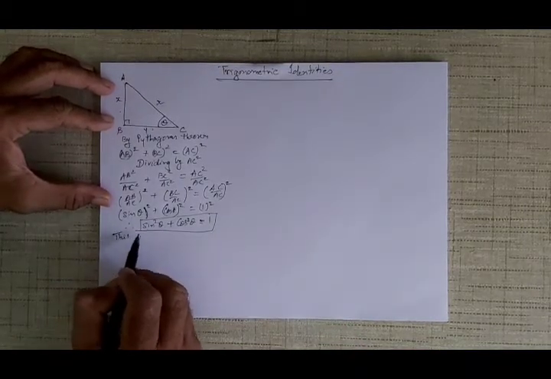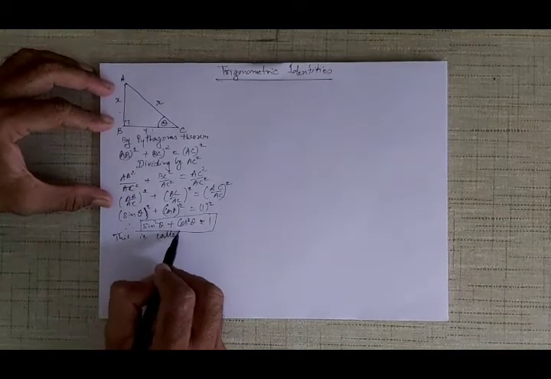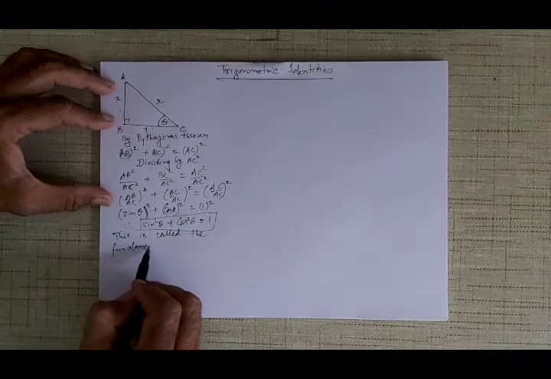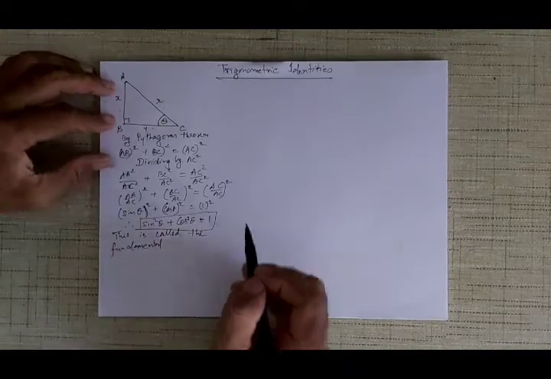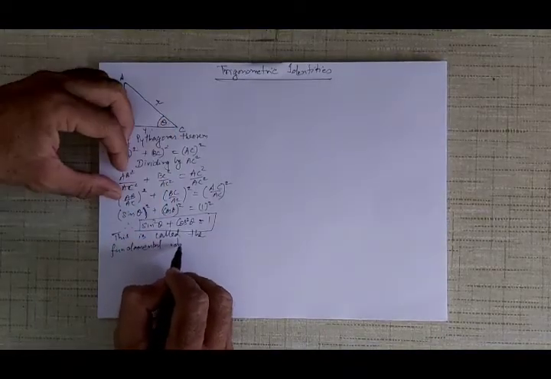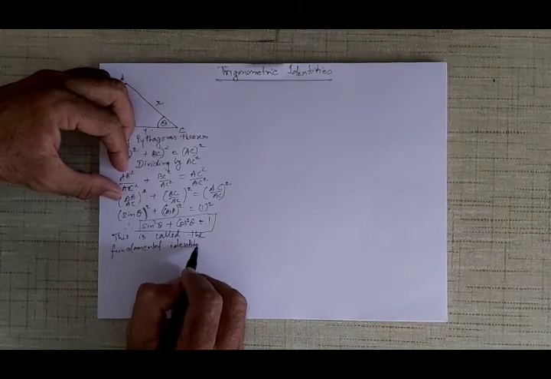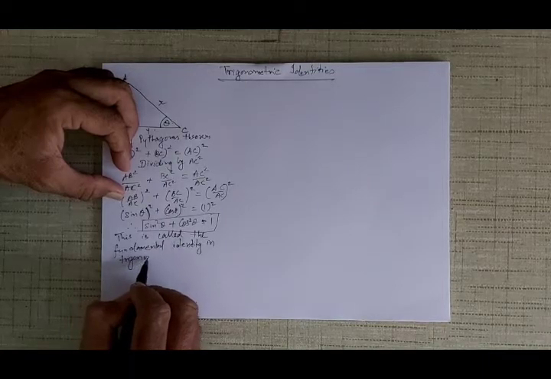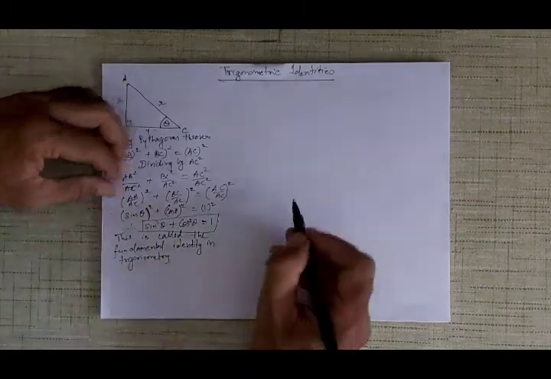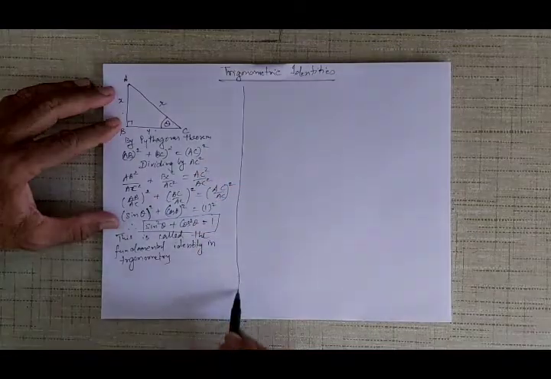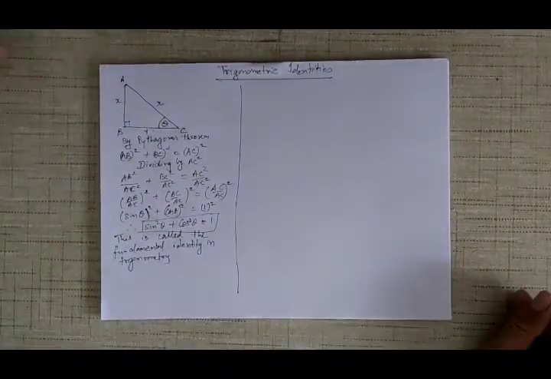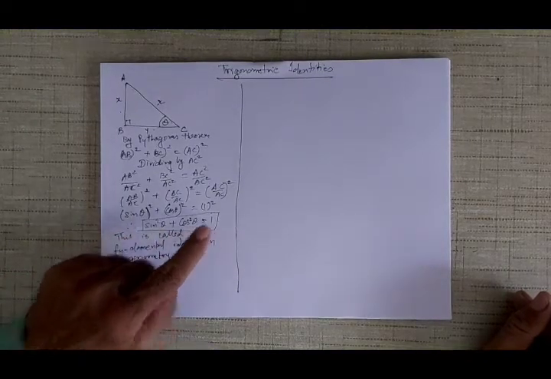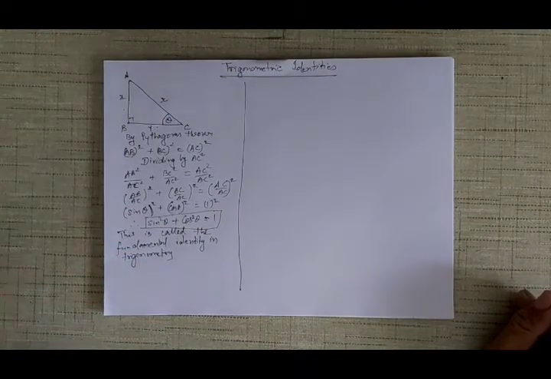This is called the fundamental identity in trigonometry. Basically, you will not be asked to derive this fundamental identity, but supposing you are asked to derive the trigonometric identity sine square theta plus cos square theta is equal to 1, this is the most important, and that's why it's called the fundamental identity.